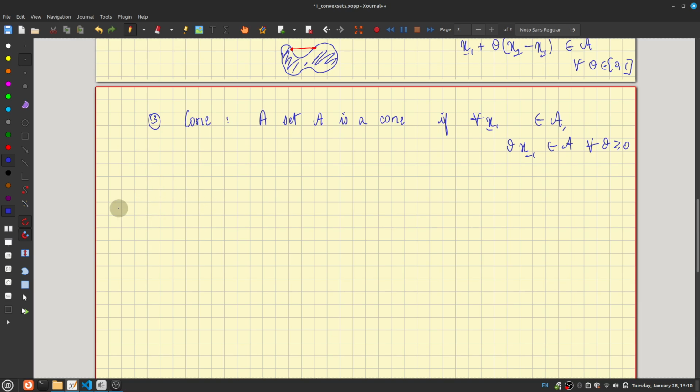So here are some questions. Is every affine set convex?